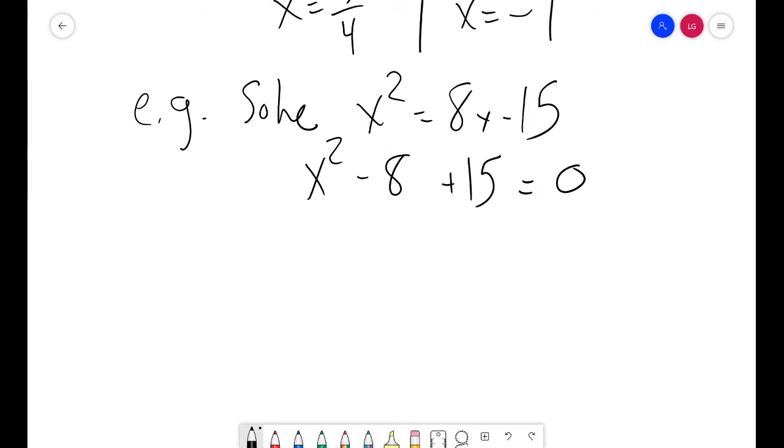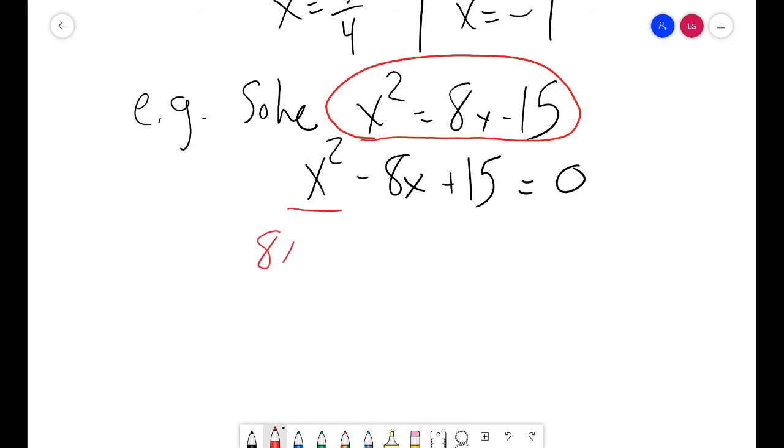And you can notice why we can really do this, why these two things are the same. Well, we want to know when this is true. But why are these the same things? Well, because we're saying when x squared is 8x minus 15, and then we're subtracting 8x and adding 15.